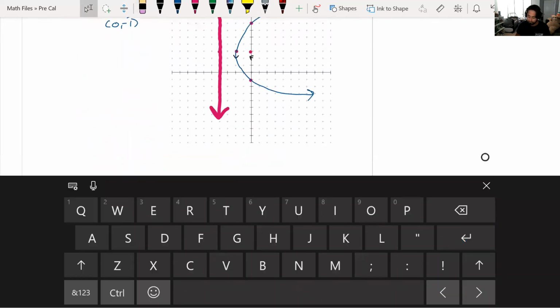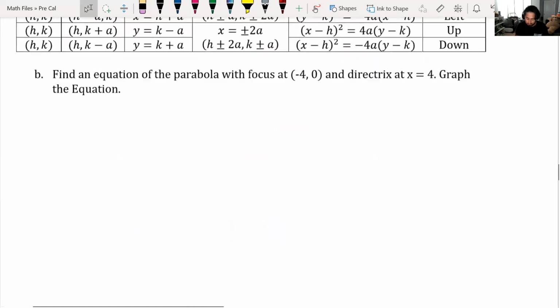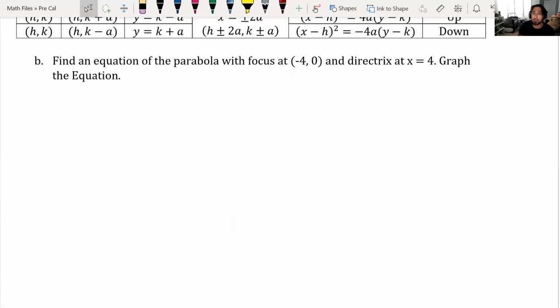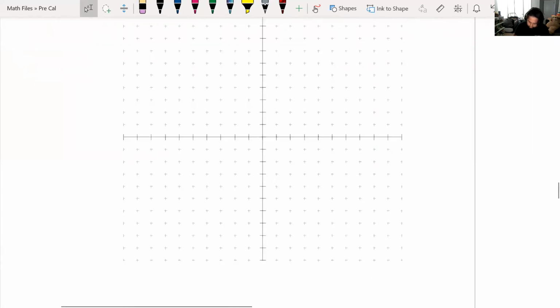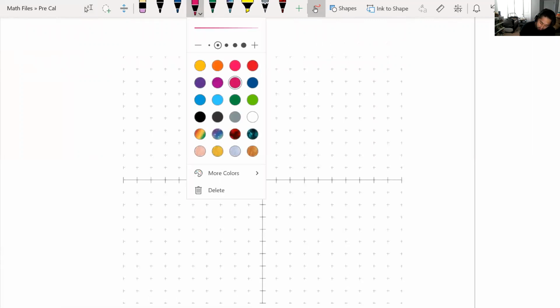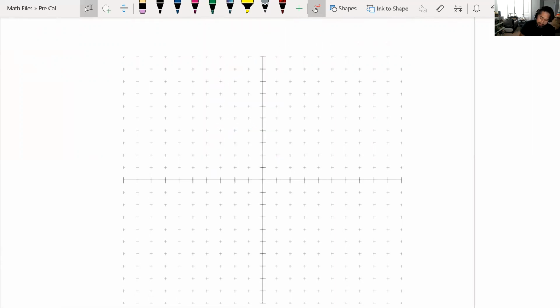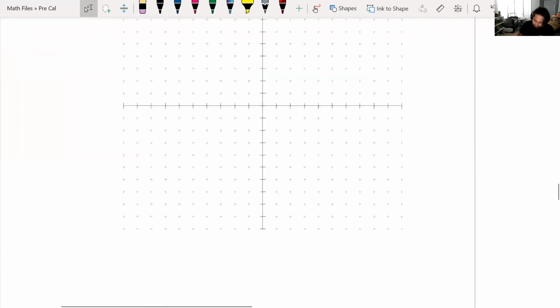Again. All right. Find an equation of the parabola with focus at -4, 0, and directrix at x equals 4. So again, let's plot points and see what information we can come across. All right, focus is at -4, 0.